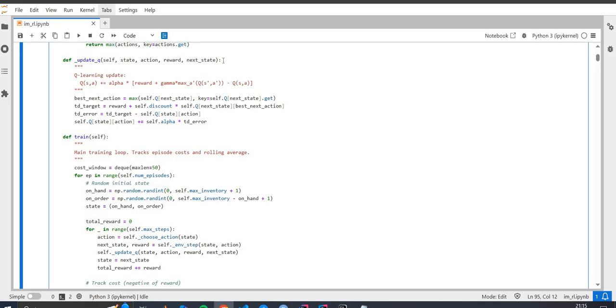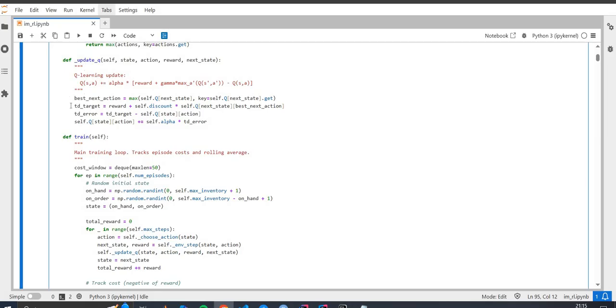Here, update Q, which is where the Q learning update happens. This function adjusts the values in the Q table based on the agent's experience, and the update formula follows the standard Q learning you can see here. So what's happening here? Actually, first the agent looks at the next state and finds the best action it could take based on its current knowledge, and that's best next action you can see.